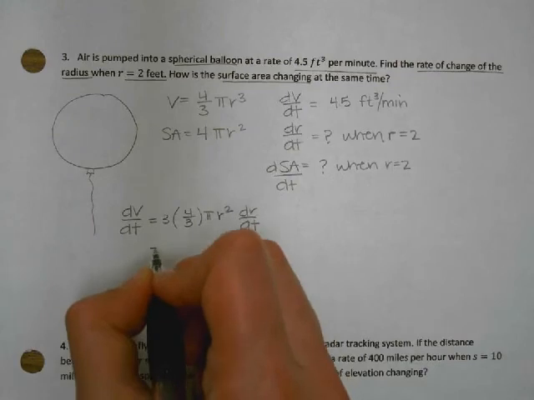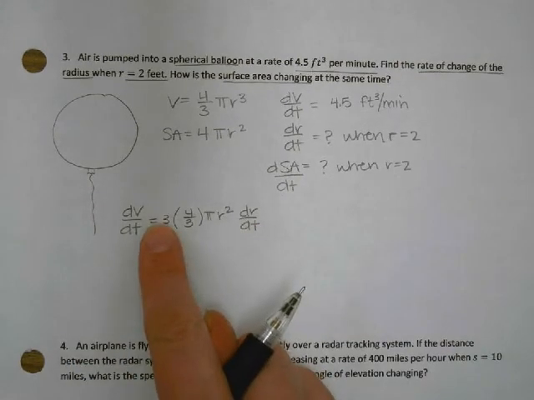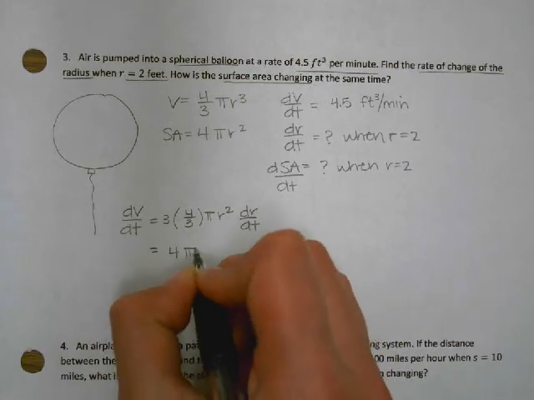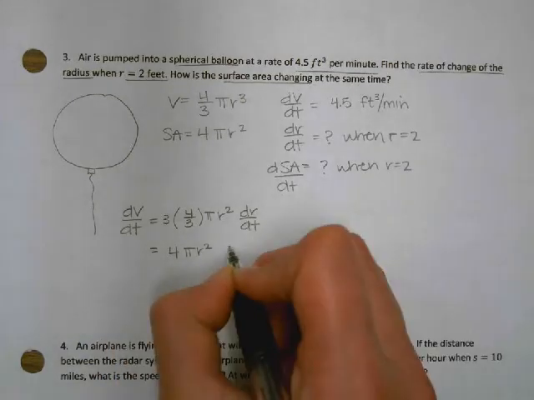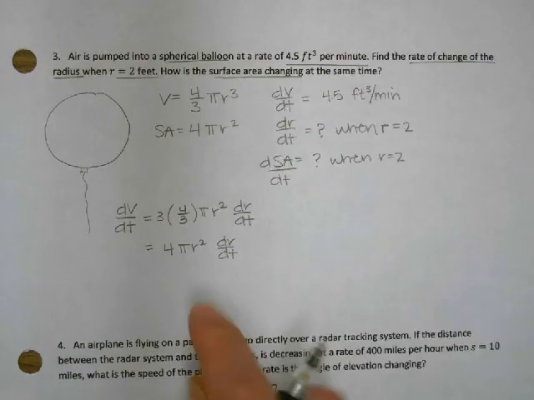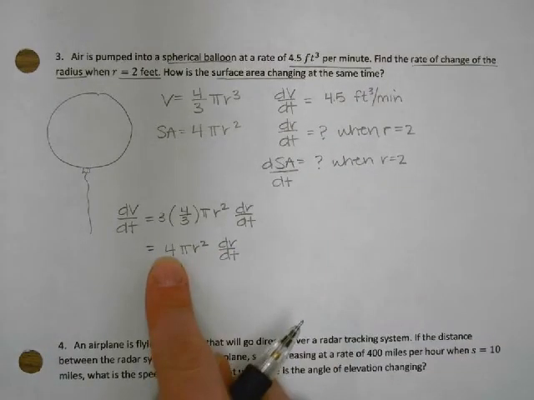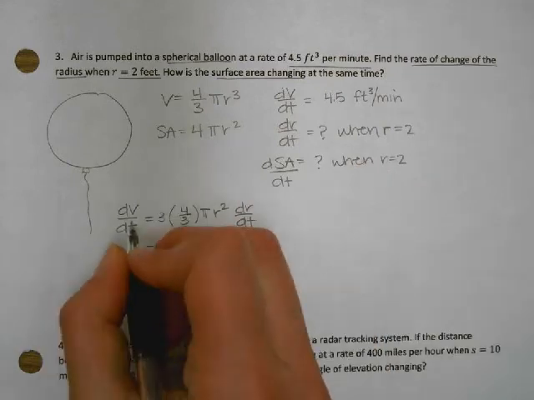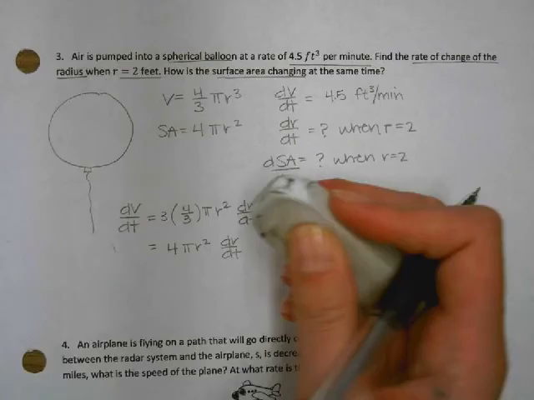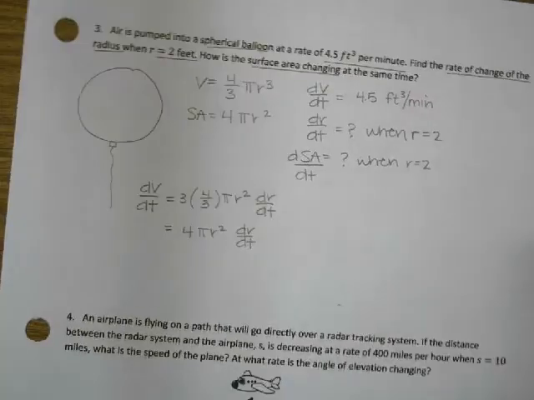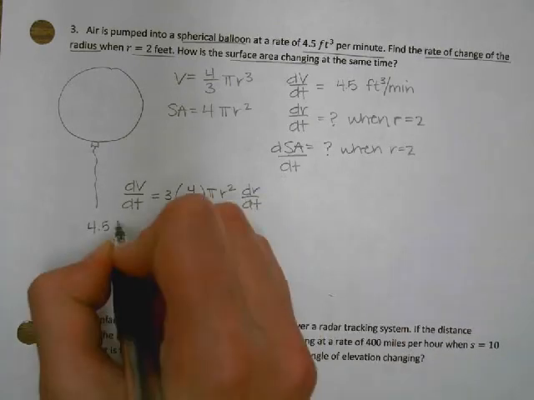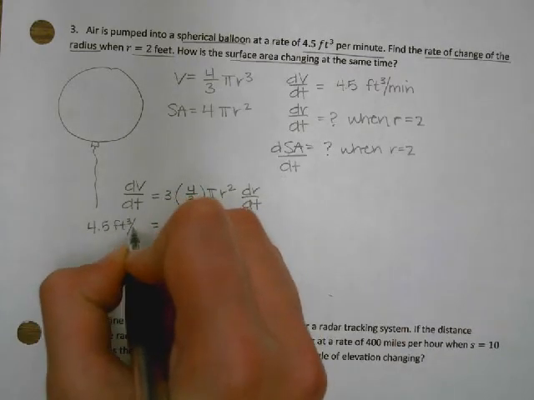And I'm going to go ahead and clean this up a little bit. So 3 times 4/3 is just 4. So I have 4 pi r squared times dr dt. And I know that this derivative equals 4.5 because dv dt equals 4.5, and I'm including my units in here. So 4.5 feet cubed per minute.